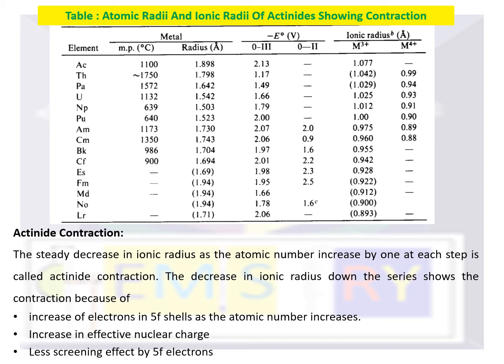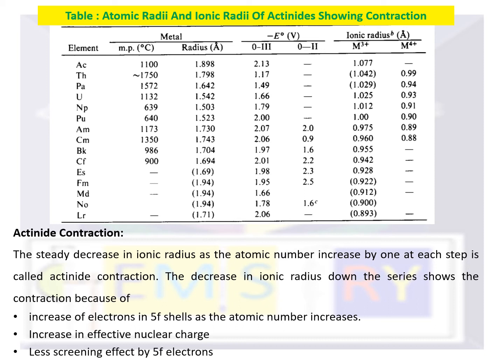So now we know very well why there is a decrease in the ionic radius from actinium to lawrencium. One reason is that as the atomic number increases, the electrons are added into the 5f shell. Number 2, there is an increase in the effective nuclear charge.